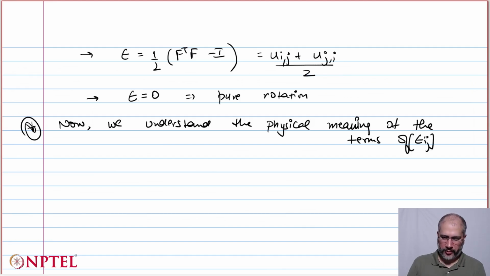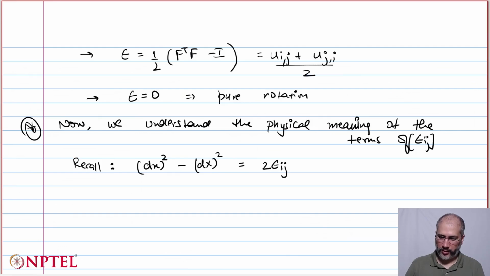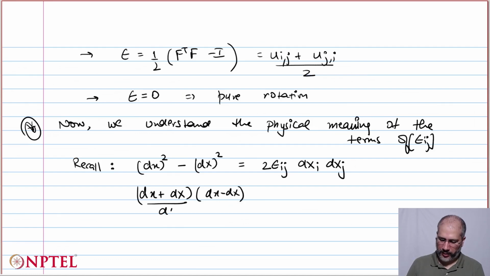So recall from the last lecture that the difference between the square of the lengths in the deformed and the undeformed configurations was expressed in terms of the strain tensor like this. We can write the left hand side as (d small x plus d capital X) times (d small x minus d capital X), and I'll divide by d capital X squared on both sides.